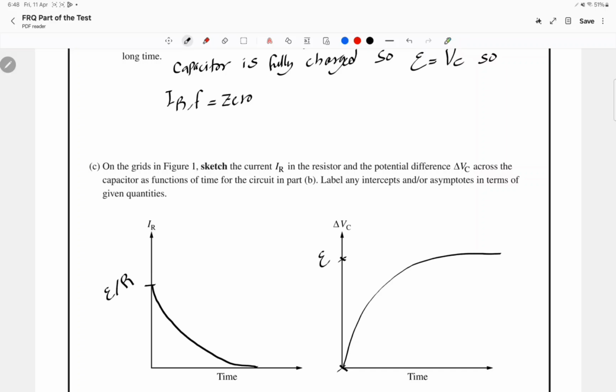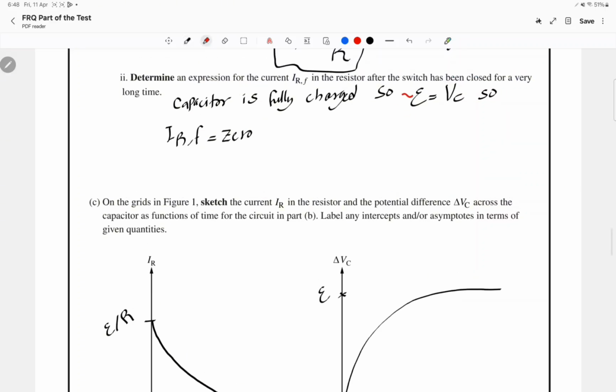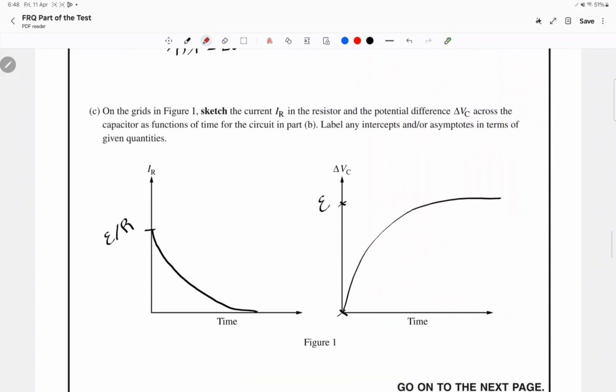Because at some point, like we said before, the EMF of the battery is equal to the voltage in the capacitor. Any questions? No, good. And they said label any intercept, which we did. That's the y-intercept for both of them.